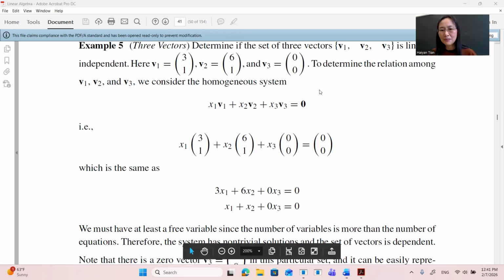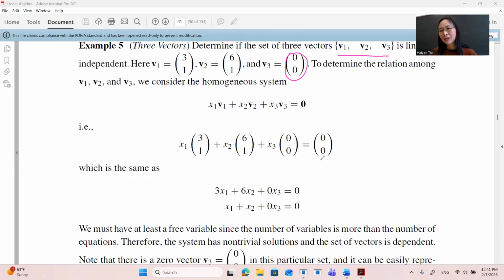Also, you notice from this example, whenever the set of vectors has a 0 vector, the set must be a linearly dependent set, because this 0 vector can be represented by other vectors.